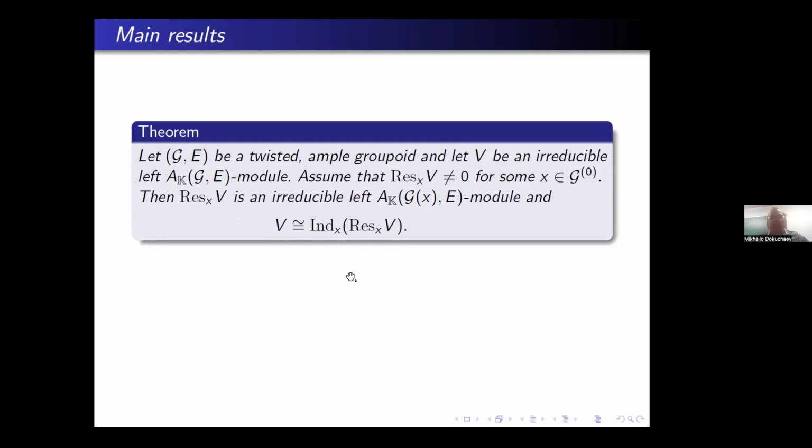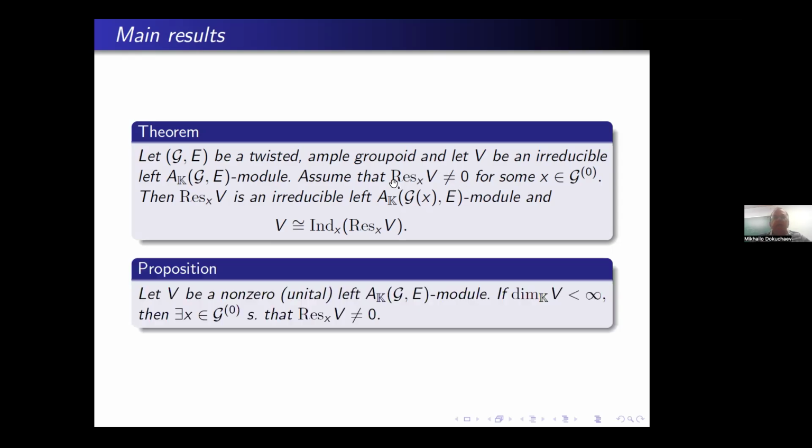Now, we have a situation in which this condition is guaranteed. Let the twisted ample groupoid be as above, and assume that V is a non-zero unital left module over the Steinberg algebra. All modules are unital, okay? Assume that it's finite dimensional over K. Then we show that there is a point of the unit space at which the restriction is non-zero.